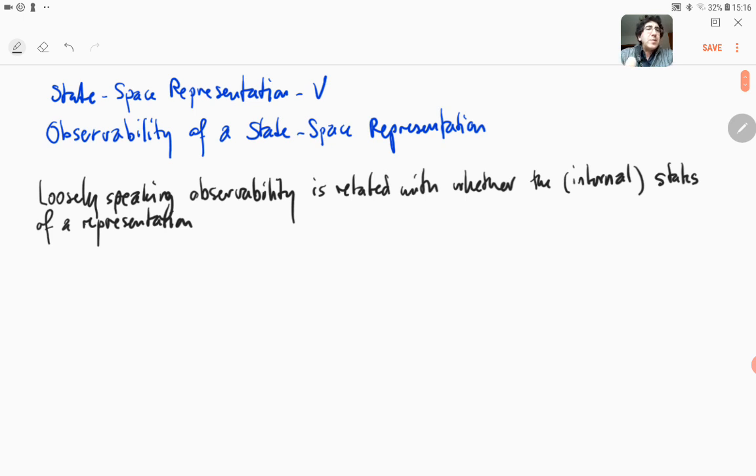So we are talking about states of a representation, can be inferred from the observation of the outputs.